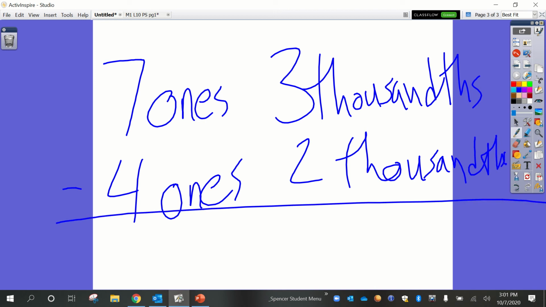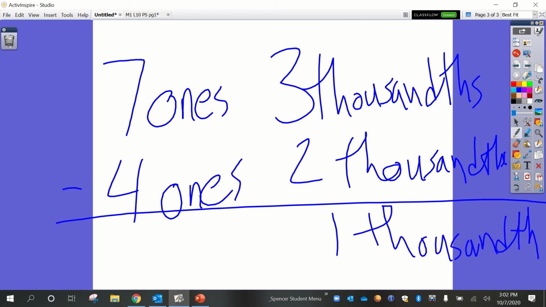I subtract thousandths from thousandths, so I know I can take 2 thousandths from 3 thousandths, and that would leave me with 1 thousandth. And then 7 ones minus 4 ones. I can take 4 from 7, so that would leave us with 3 ones. So that would be 3 ones and 1 thousandth.